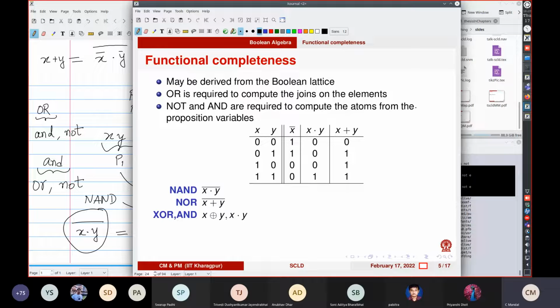But can you figure out how you can compute, say, NAND using XOR and AND? AND you have already got. So if you can compute NOT, that is enough. So using XOR and AND, can you compute NOT?